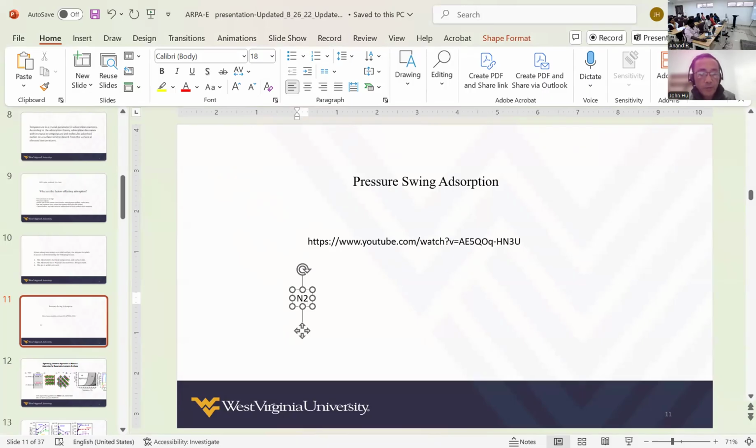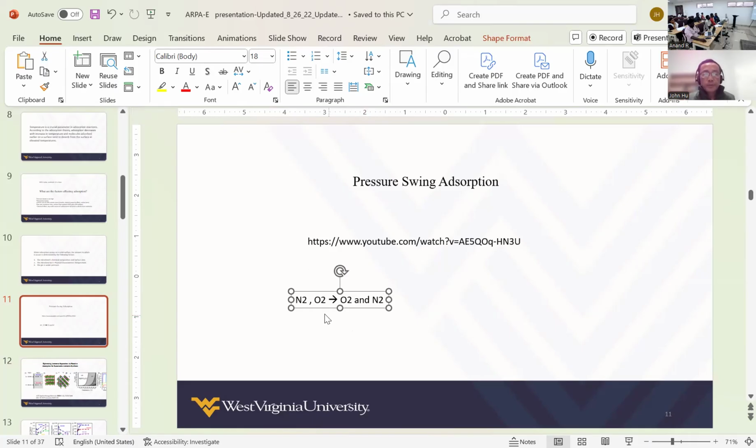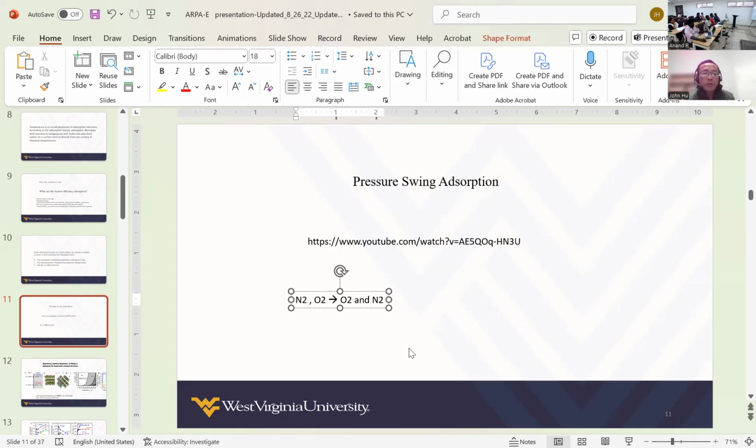Based on the video, the feed is air, O2 and N2. It's separated into O2 and N2. So basically, you separate N2.